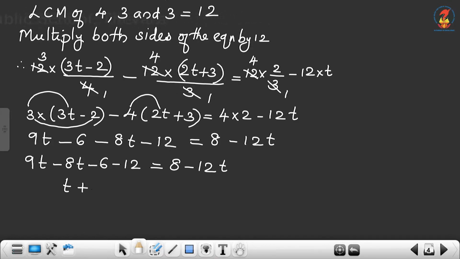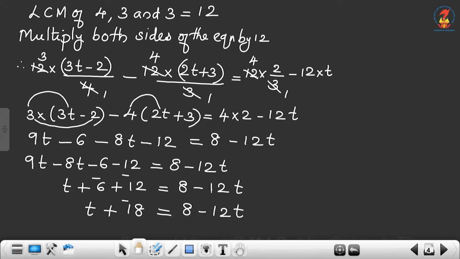Then minus 6 means it is a plus negative 6 plus negative 12 equal to 8 minus 12t. Then negative 6 minus 12. So what is the sum? Negative 18. So t plus negative 18 equal to 8 minus 12t.